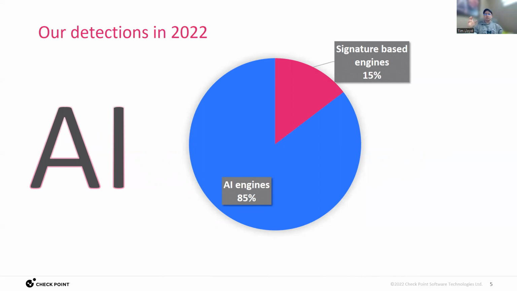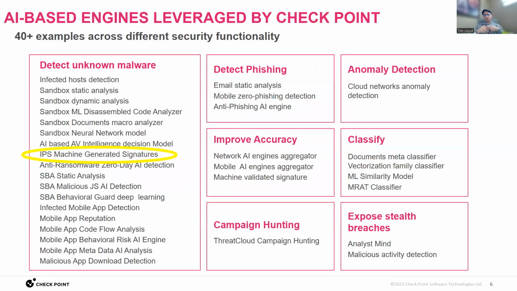And as we discover 0-day vulnerabilities and malicious attacks out in the wild, those AI engines and what they're learning from the data that is in the threat cloud is fed into our signature pool, right? So again, it's why it's so important to understand that this is what's happening in the background. We spend a lot of time, money, energy, and effort in ensuring that our threat cloud and the AI capabilities are cutting edge and able to deliver the kind of threat prevention that you require for your environments.